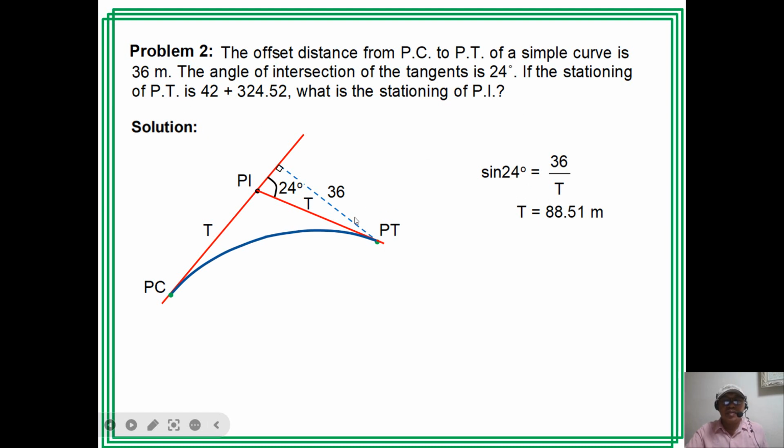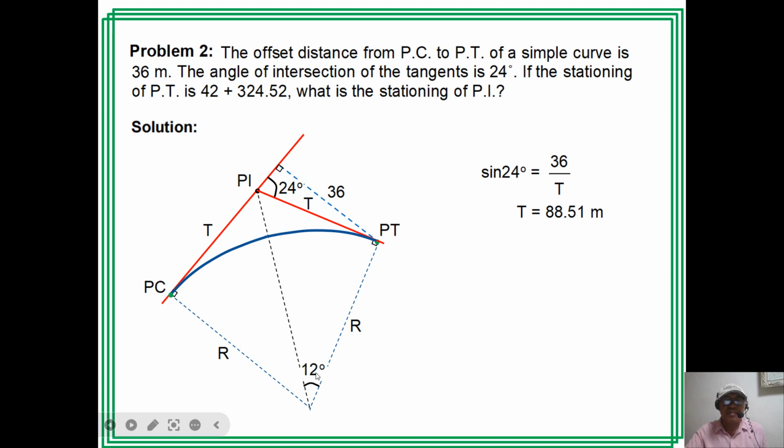And the stationing of the PT is 42 plus 324.52. So, we need the PI. I can solve for the radius of the circle by using the T. And this is I over 2, half of that.